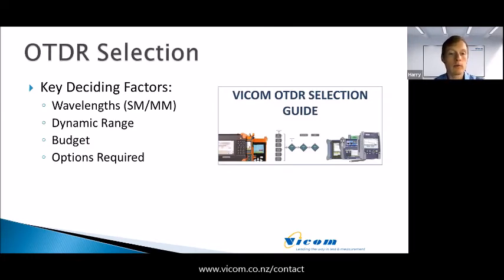And then finally, as we discussed just before, the wide range of options that you require, whether you want to combine VFL, power meters, remote access, and so forth into the one tester, will also vary the units that are of interest to you, and obviously impact budget as well.